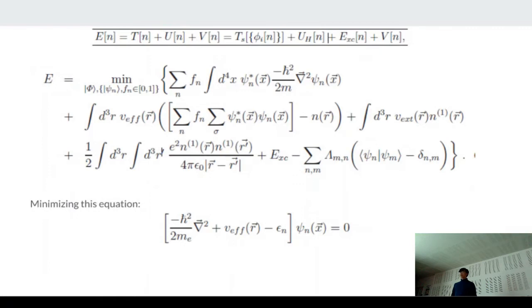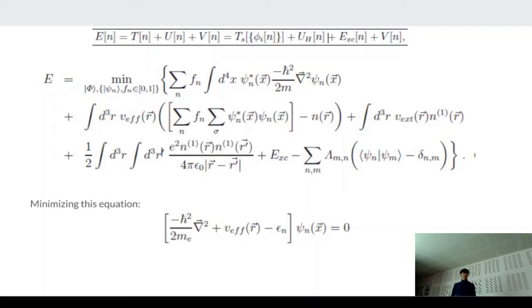And if we plug in the kinetic energy terms, the potential energy and the interaction terms, we'll have something even longer. So this is more like a functional. And if you notice here, we have something called the exchange correlation energy, which we will see later on.